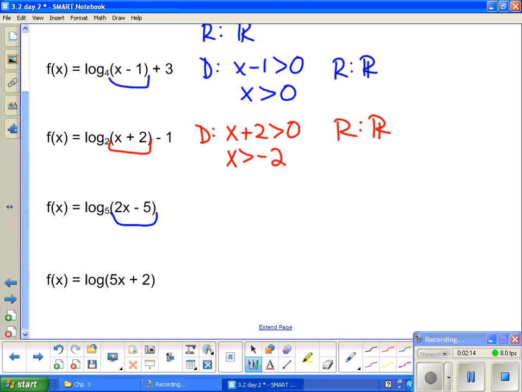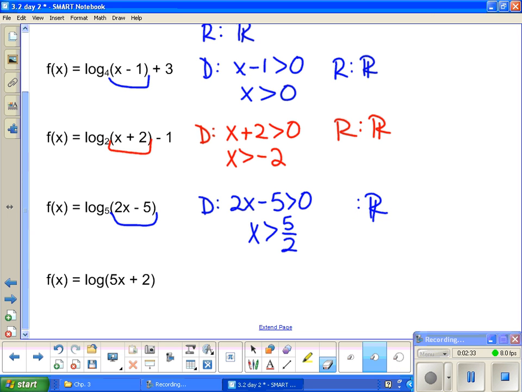Again, my domain has to be 2x minus 5 greater than 0. So x has to be greater than 5 halves. And my range, all real numbers. Oops, I should be writing the symbol for the real numbers.